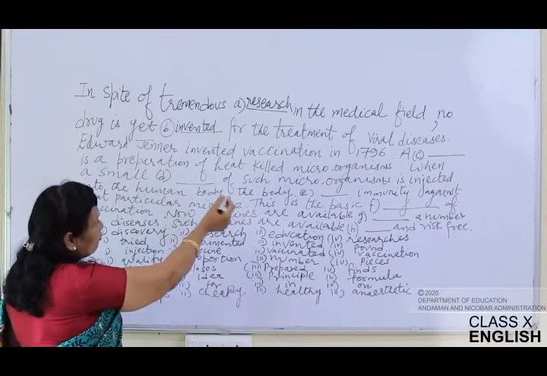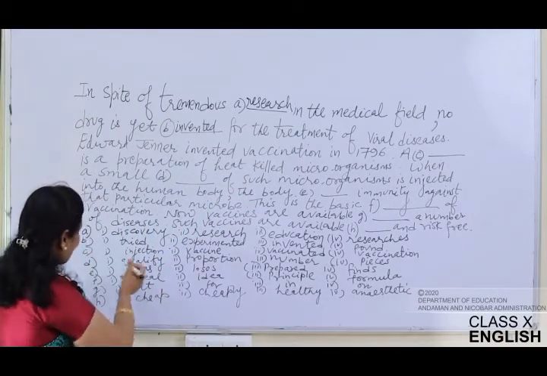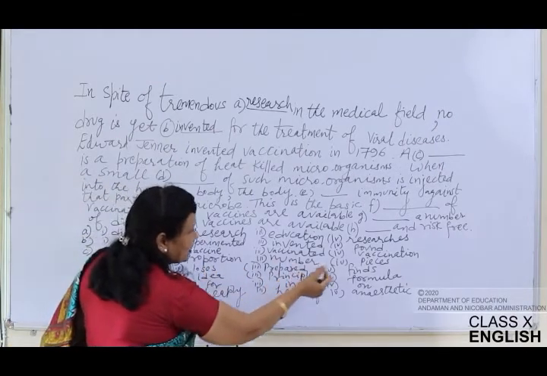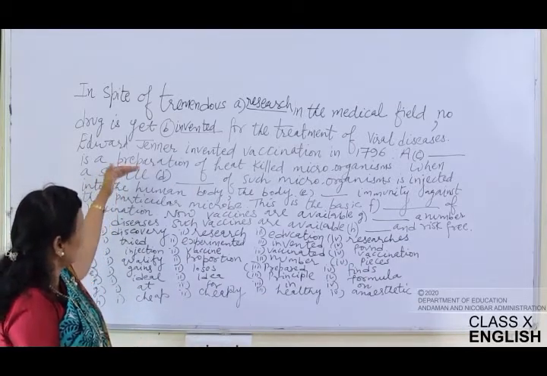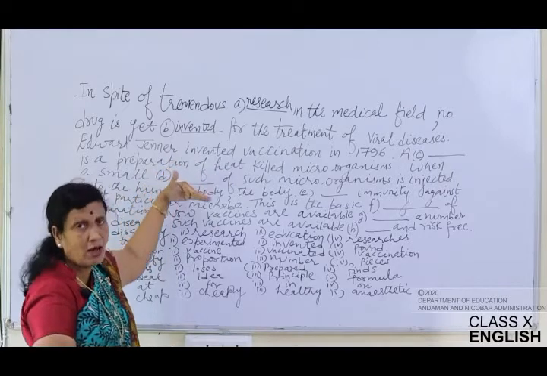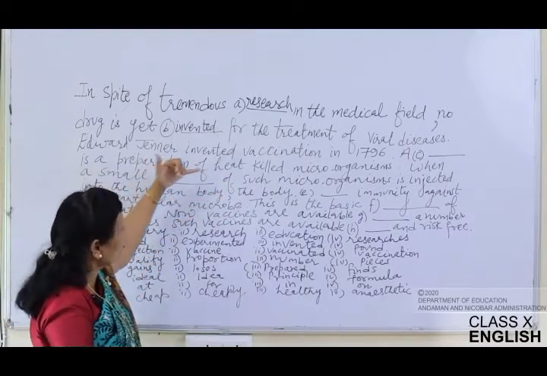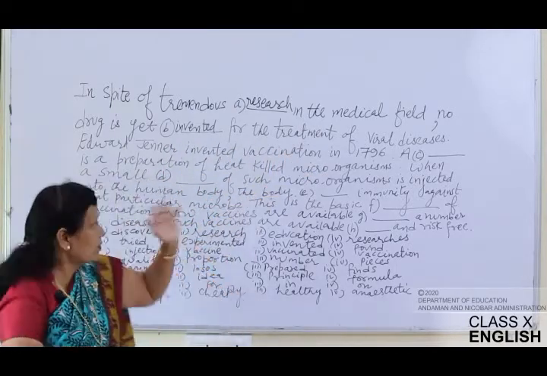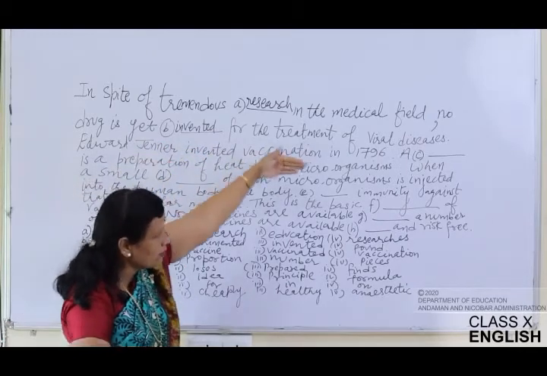Blank is a preparation of heat-killed microorganisms. Now let us look at C: injection, vaccine, vaccinated, vaccination. As I told you, we look at the words after the blank and before the blank. Here the blank is a preparation of heat-killed microorganisms.